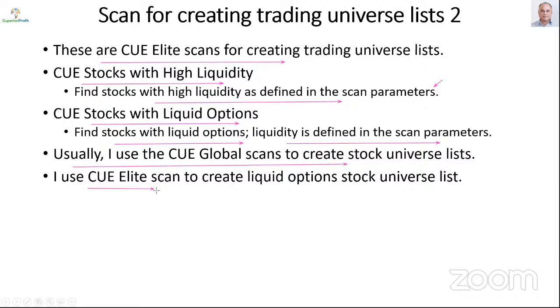I use Q Elite scans only to create liquid options stock universe list, because only TradeStation has detailed options data. I use QElite for liquid options list. Otherwise, I use only Q Global scans for creating my stock universe lists.